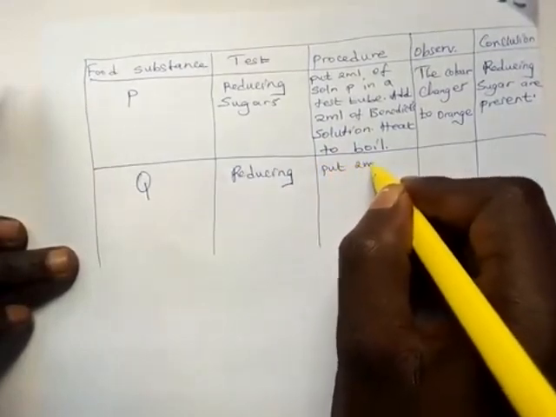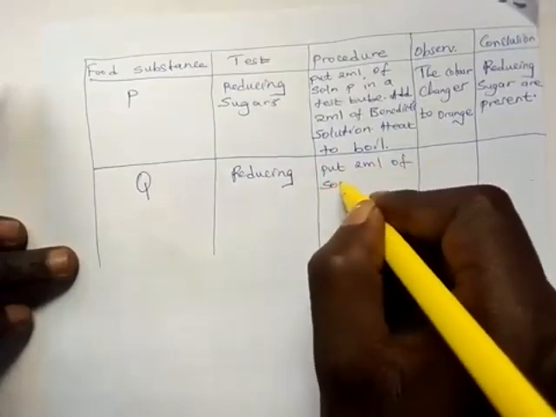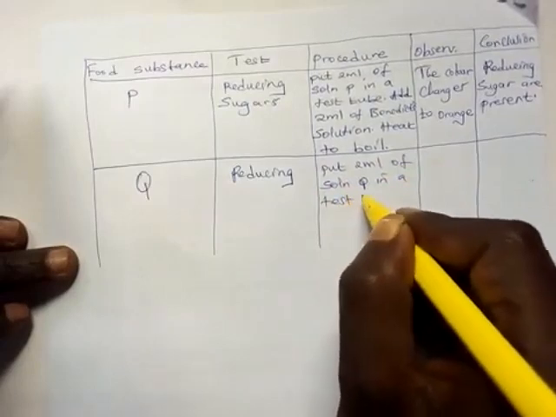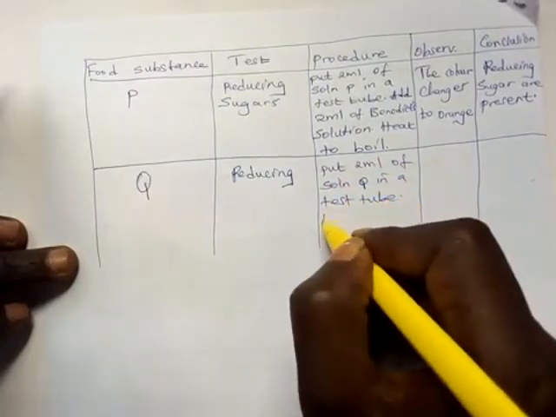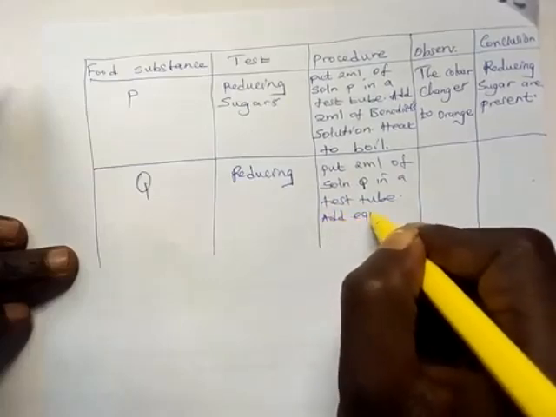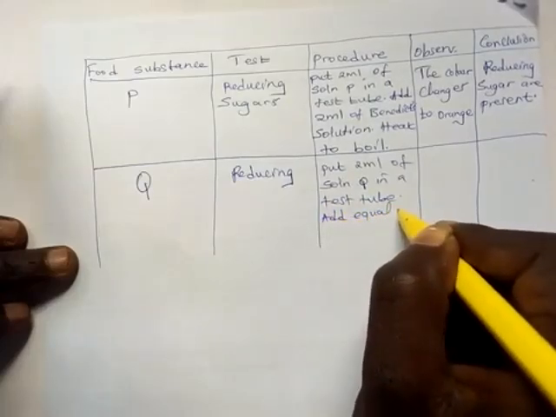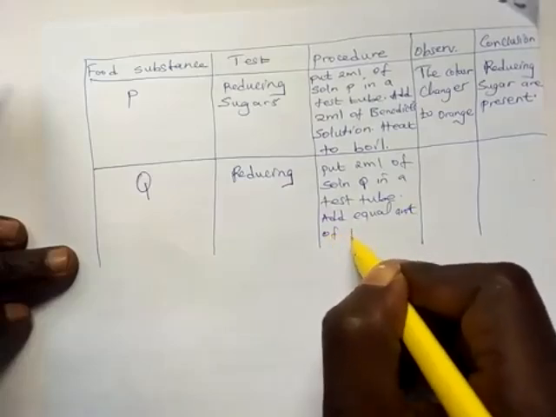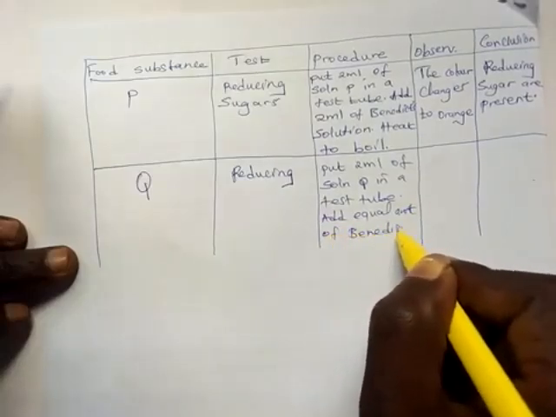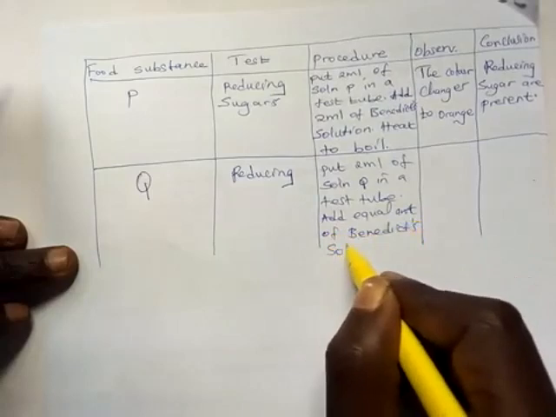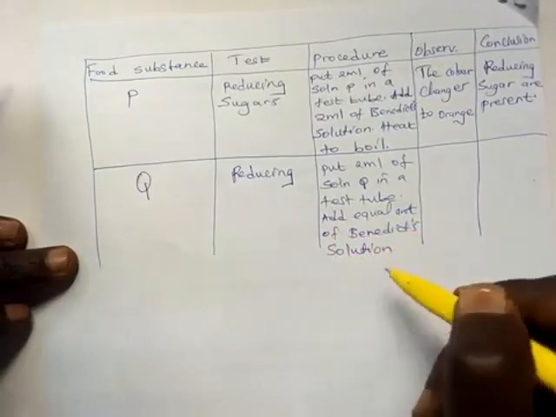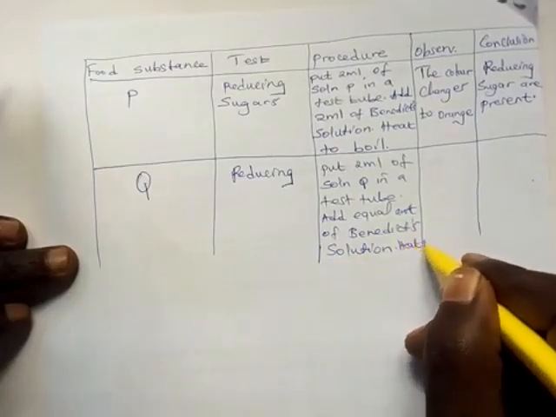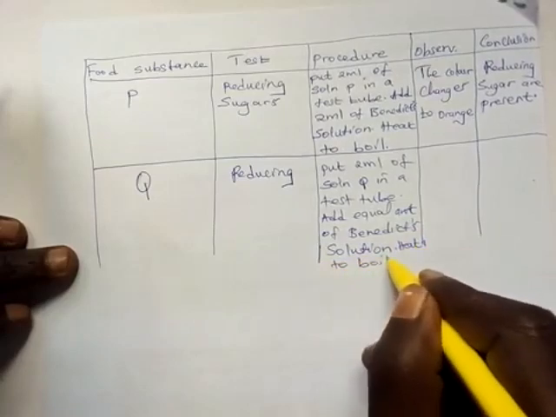Put 2 ml of solution Q in a clean test tube. And then you add an equal amount of the Benedict solution. Then you heat to boil.